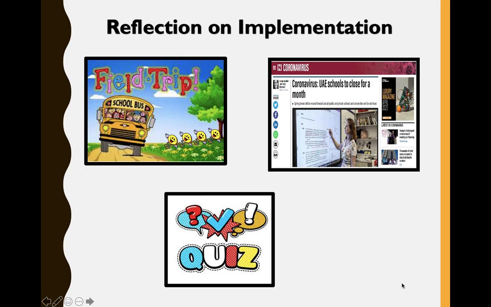So my mentor had to teach those lessons online. Other reasons that interrupted and delayed my plan before coronavirus happened were unexpected quizzes by the ministry and a field trip. So I taught 4 lessons from this unit.